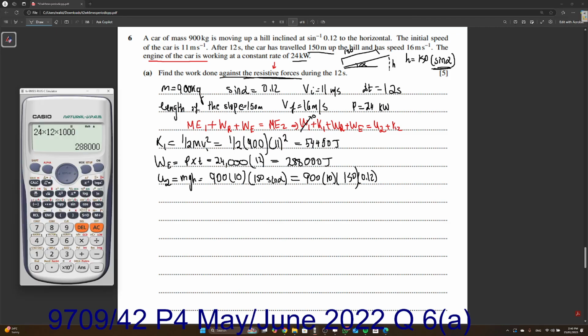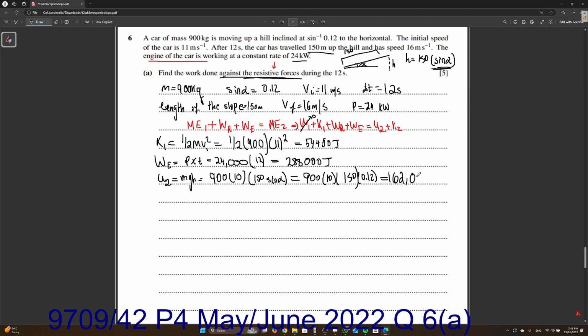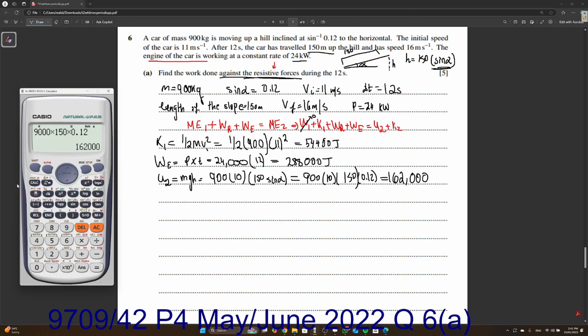Let's do this on a calculator. Don't say sine 0.12. Sine alpha is equal to 0.12. So 162,000. These are all correct numbers, just making sure.